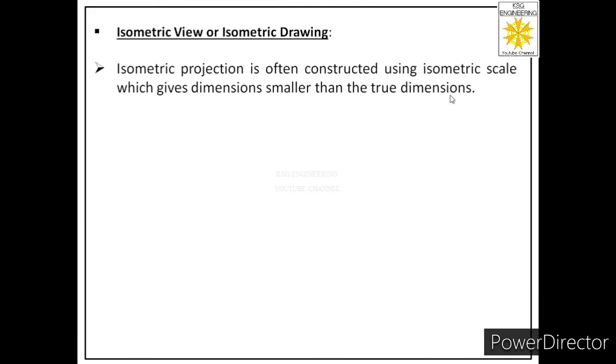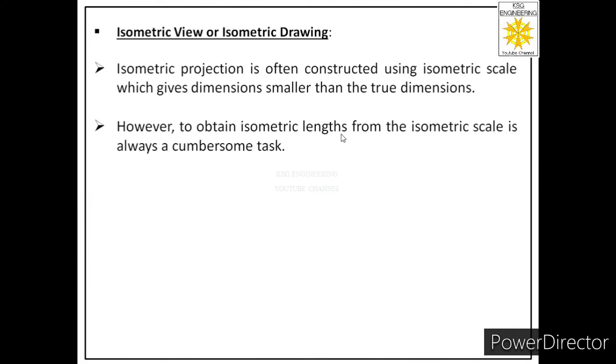Of course, if we have a cube of, let us say, 40 mm and we want to draw isometric projection of that cube, we first have to reduce 40 mm to 82%. Only then we can sketch the isometric projection of the cube. Similarly, if we have some other object, first of all we have to reduce all the original dimensions of that object by 18%, or up to 82%. Then we will use those reduced dimensions to draw isometric projection of the object.